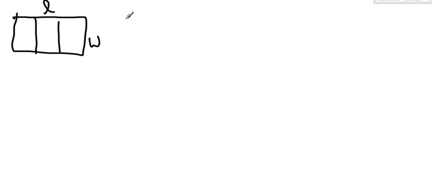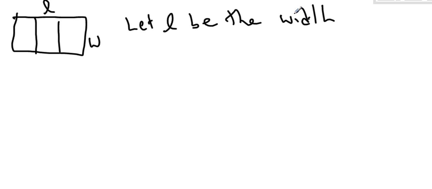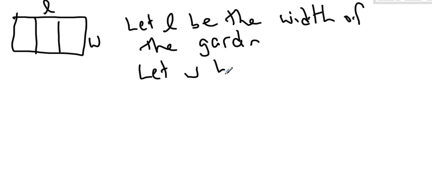So again, I'll draw myself a nice picture. Let's call this L, and we'll call this W. And we're going to let L be the width of the garden. And we're going to let W be the width.